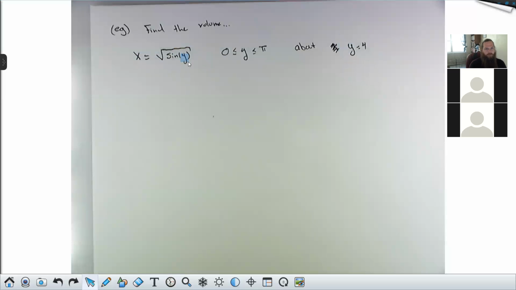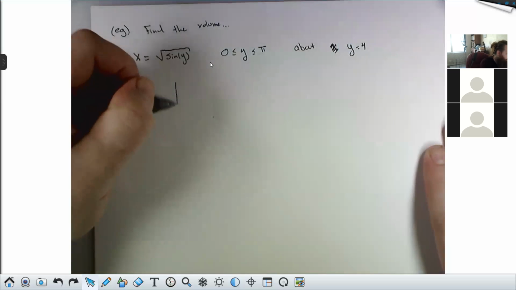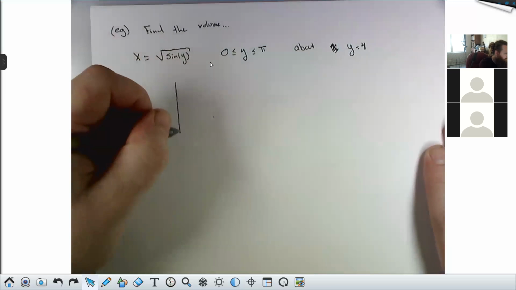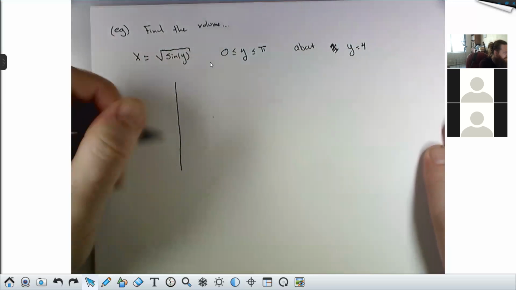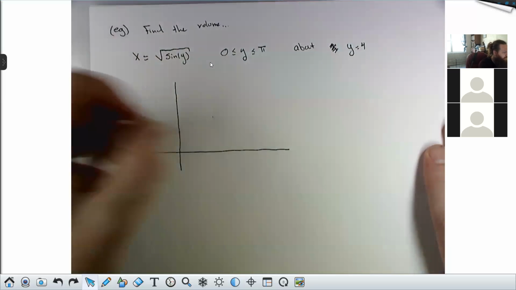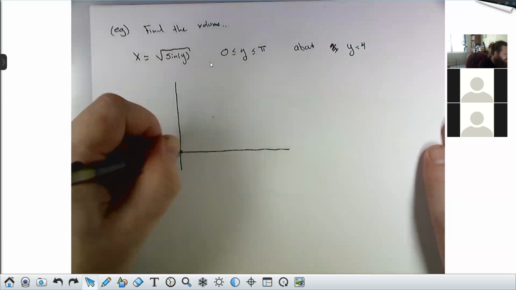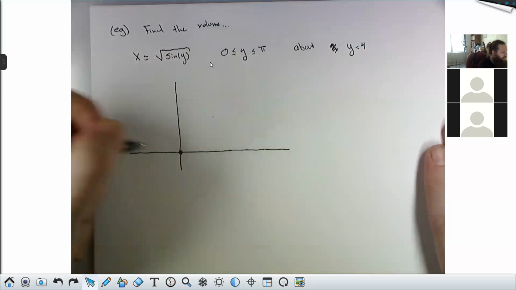So let's start with this. When y is equal to 0, this whole thing here would be the square root of the sine of 0, which is 0. I'm going to start drawing this. So when y is equal to 0, x is also equal to 0, so the origin is on that graph.